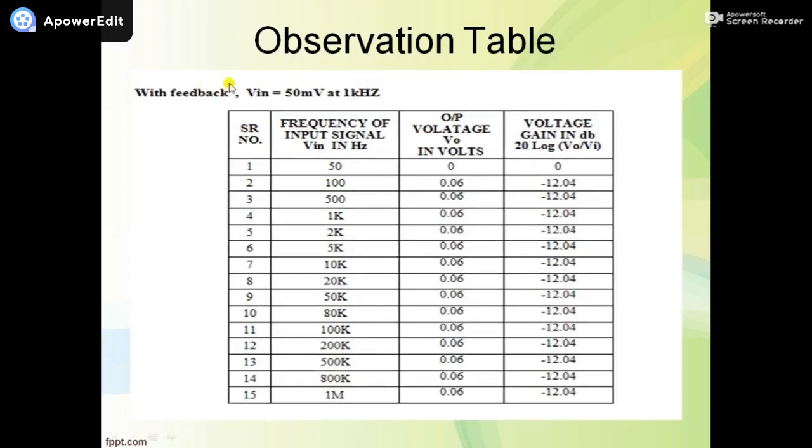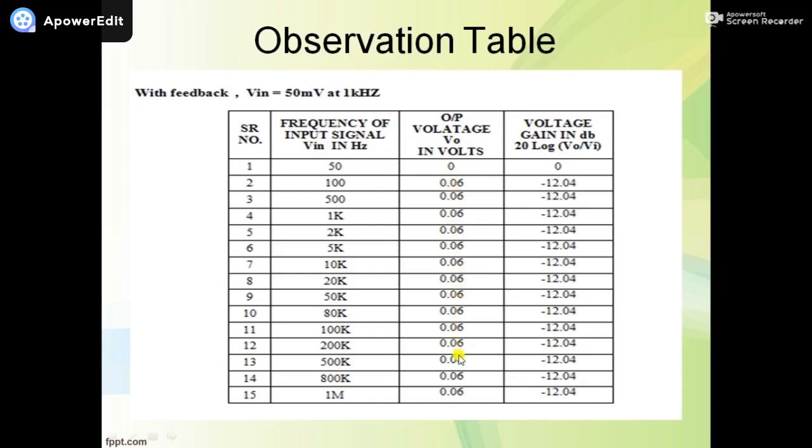Same in with feedback, put Vin is equal to 50 millivolt constant at a particular 1 kilohertz frequency. Here also the same thing: at the initial condition at 50 hertz of input frequency, the output is 0. As you increase the frequency, the output voltage increases.